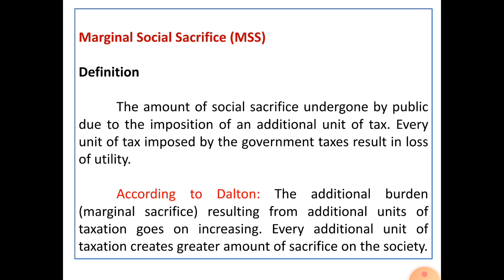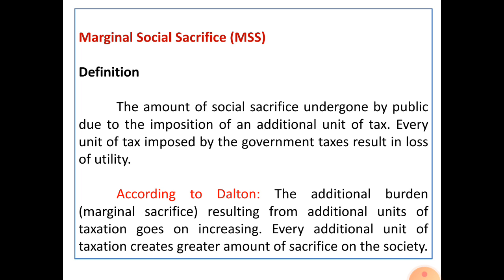Every unit of tax imposed by the government results in a loss of utility. Year by year the tax slabs and percentages are increased or decreased. Whenever the tax rates increase, it is called an additional unit of tax, and it also shows the loss of utility of the people.